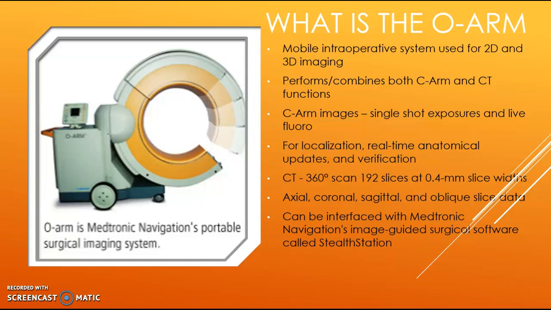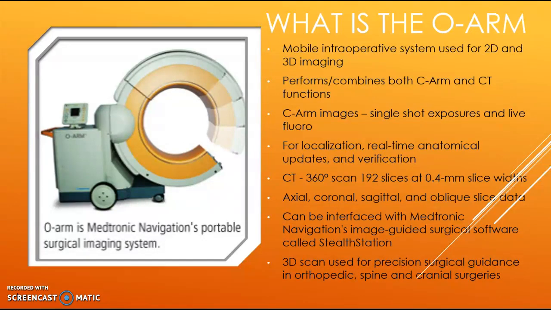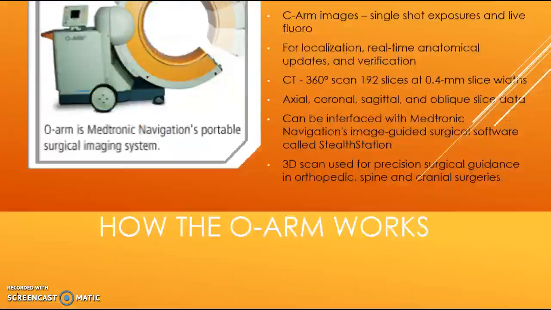Whenever you take a 3D CT scan, you transfer this data onto the Stealth Station so that the surgeon can use that data to place instrumentation, and I'll go over that in a little bit. This 3D scan is used only in complex cases, complex orthopedic, spine, and cranial surgeries. You do not want to be using the O-arm for your basic surgeries.